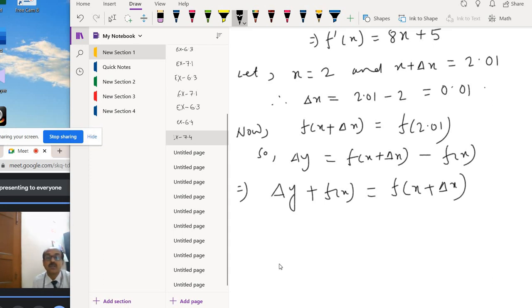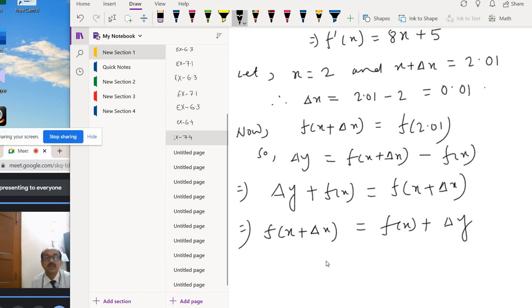Okay, so f of x plus delta x equals f(x) plus delta y.